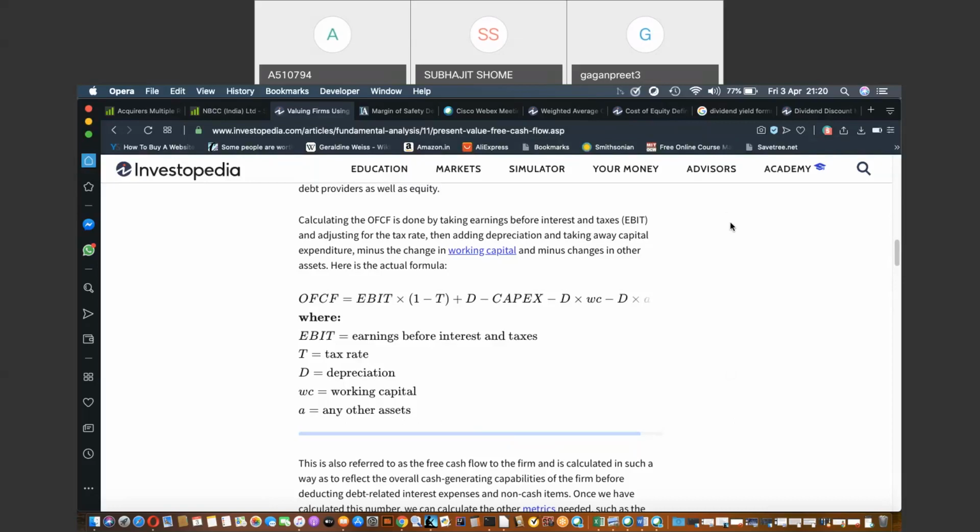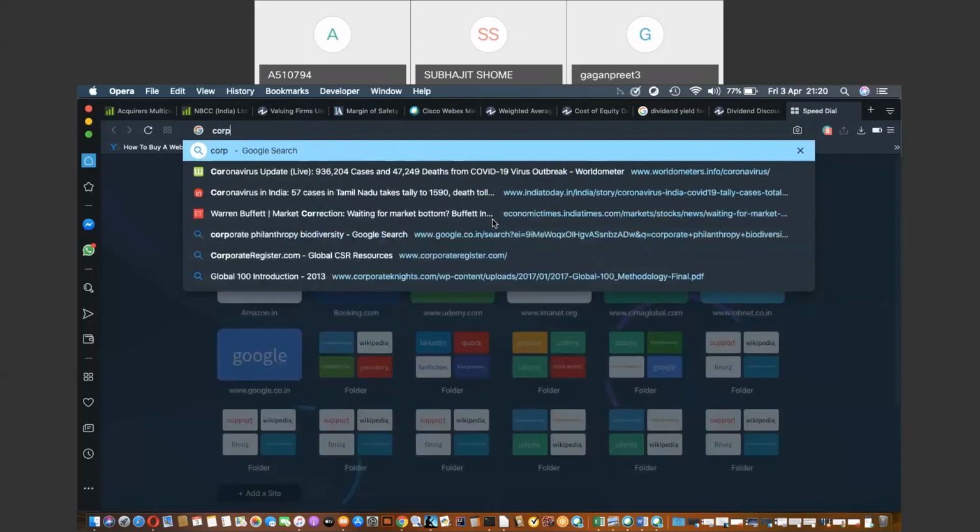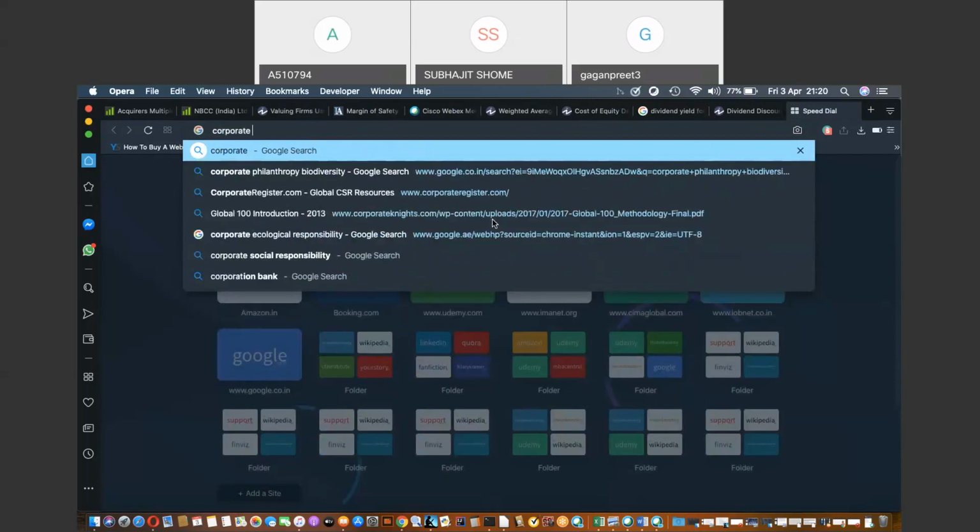They reduced the corporate tax rate. 48.3%? No, that is too high. Shubhajit, let's try 48.3% corporate tax rate.